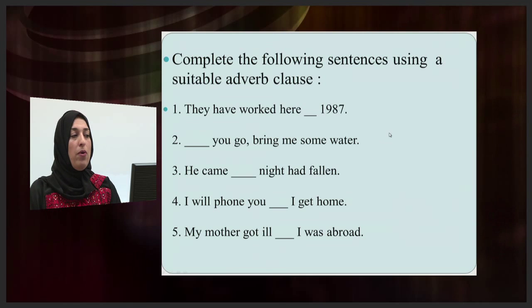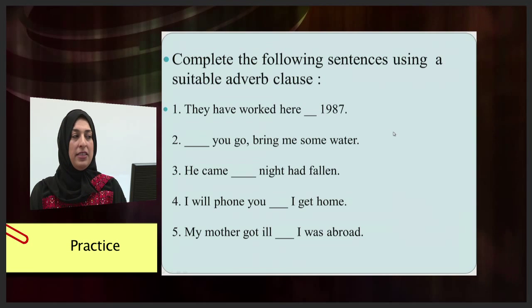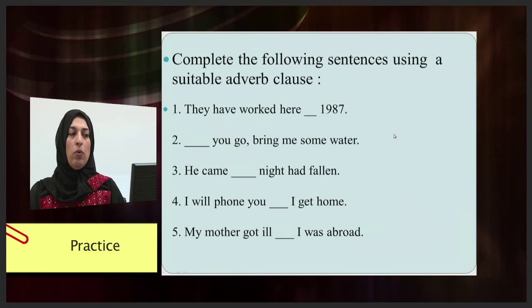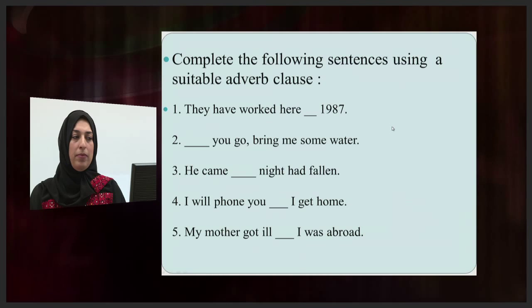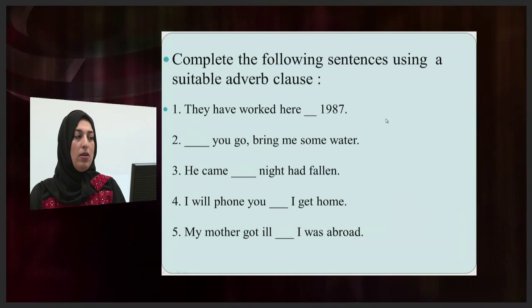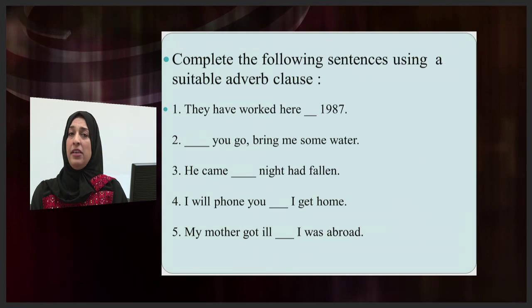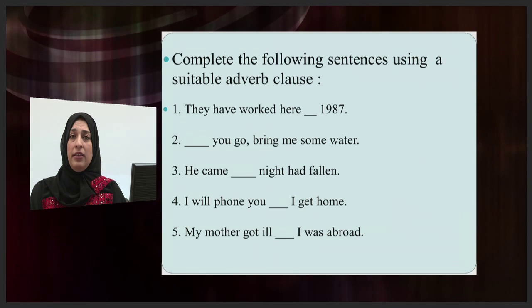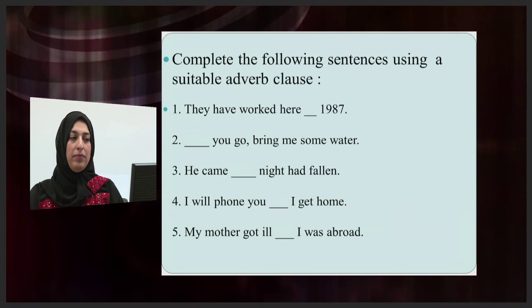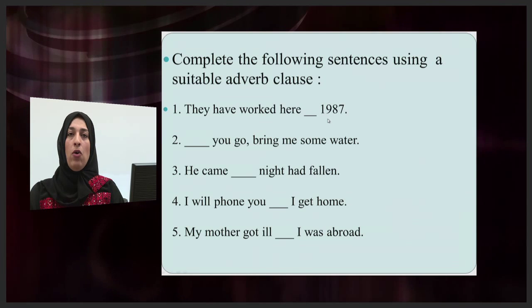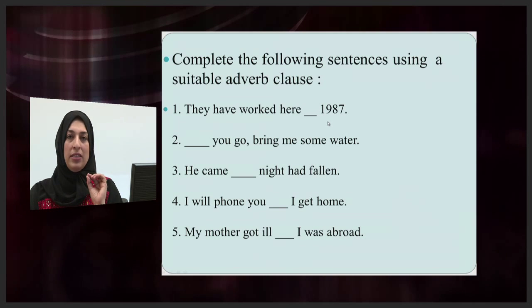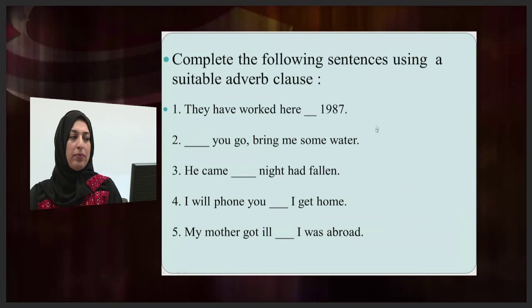Now we have 5 sentences to do. We need to complete the following sentences using a suitable adverb time clause. Sentence number 1: they have worked here 1987. Of course, as you can notice here, we have a certain year.